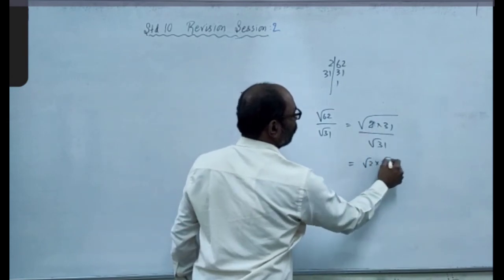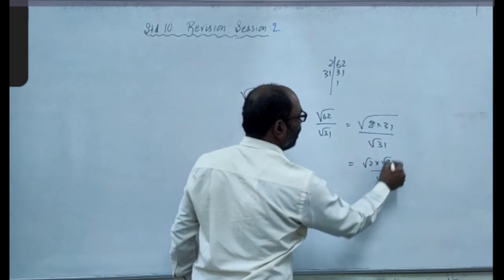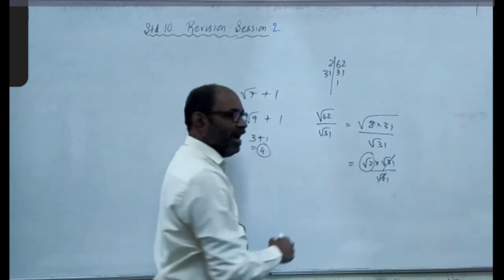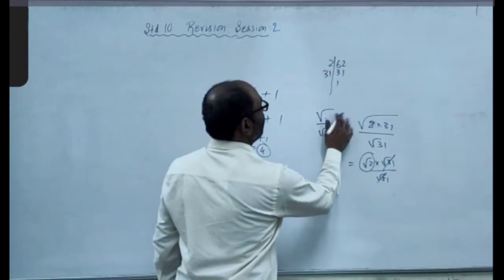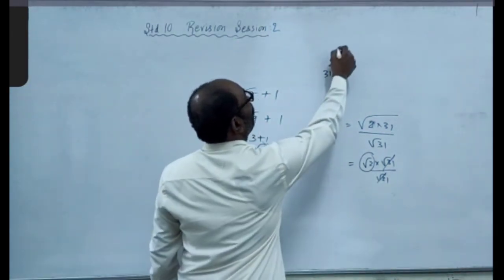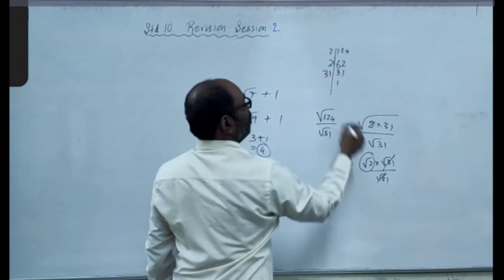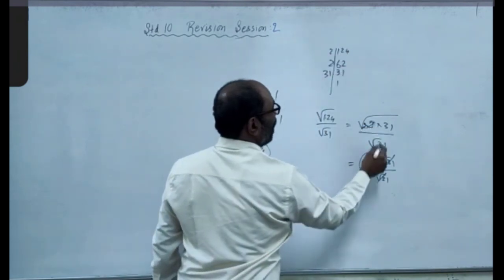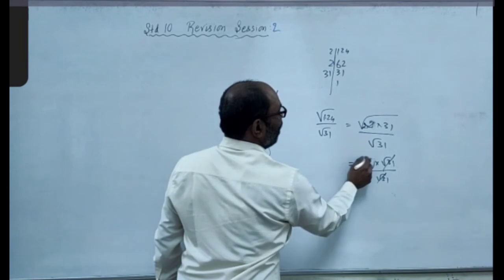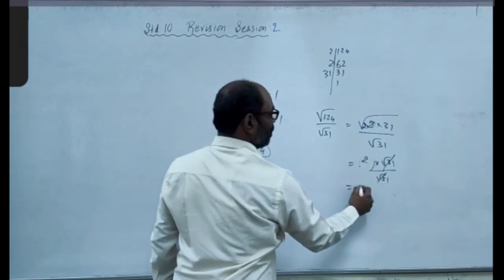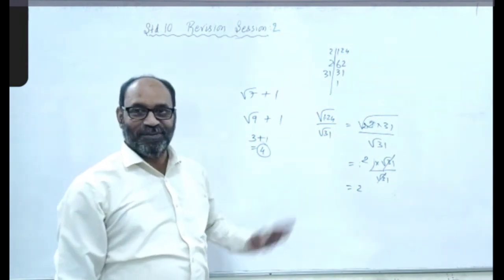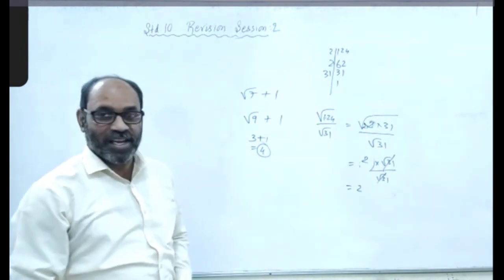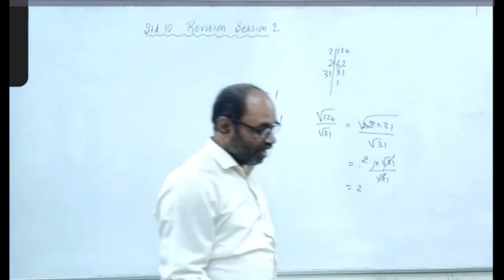Root 2 into root 31 upon root 31. ये cancel हुआ, फिर भी ये irrational ही रहा. लेकिन इसको root 124 कर दो. 124, so 2 into 31. So this will be out. You will have 2. So answer would be 2. Then it becomes rational. So be careful. कौन से rational है, कौन से irrational है, जरा ध्यान रखना.